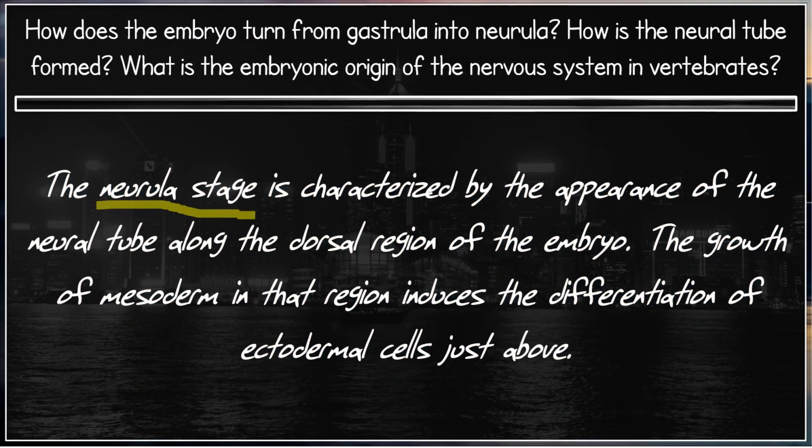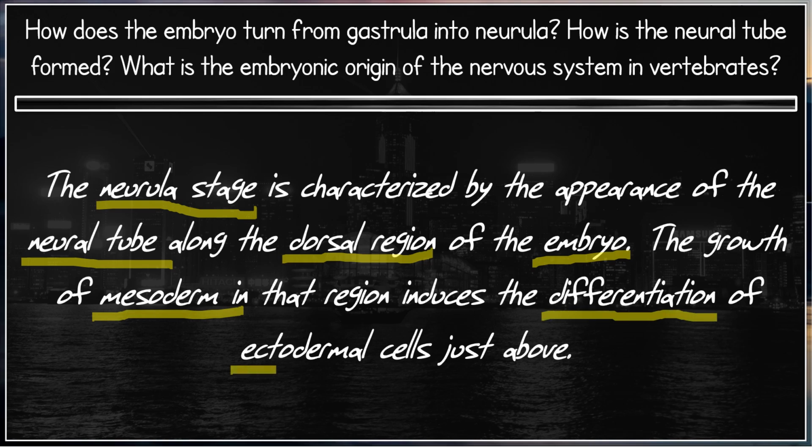The neurula stage is characterized by the appearance of the neural tube along the dorsal region of the embryo. The growth of mesoderm in the region induces the differentiation of the ectoderm cells just above.